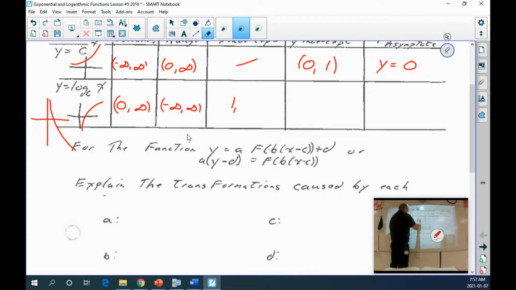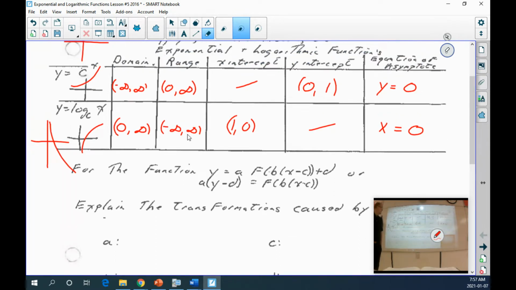We do have an x-intercept at (1, 0). There's no y-intercept because we have a vertical asymptote along the y-axis, x equals 0.